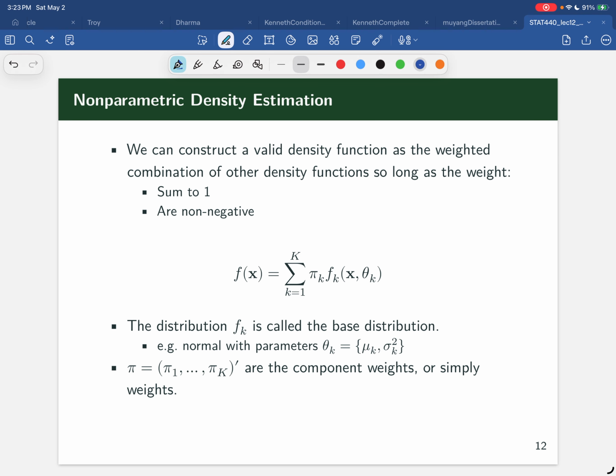So we can take valid densities that on their own would integrate to 1, and we can weight them, and so long as the pi's are non-negative and sum to 1, then we get a new valid mixture density.